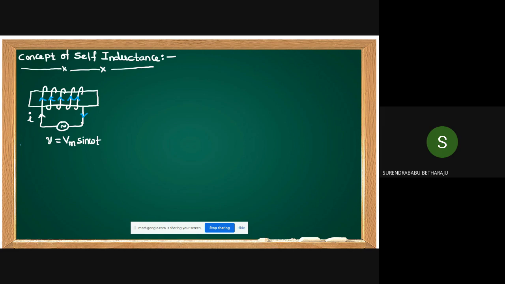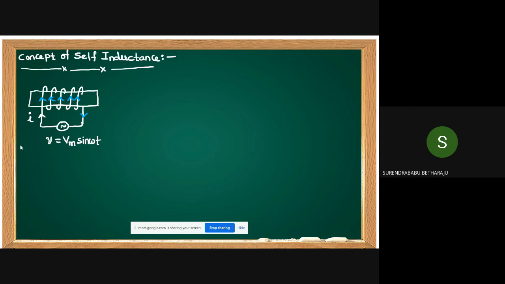Now, I told already, if any conductor carries current, around the conductor magnetic flux is produced. Then a magnetic field is produced. That magnetic field is represented by imaginary lines.